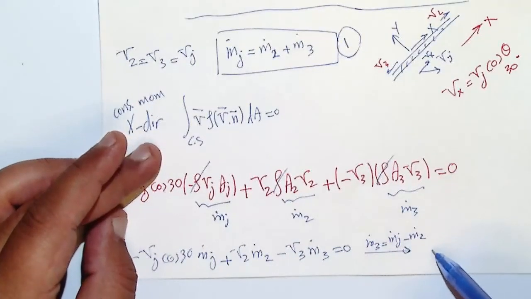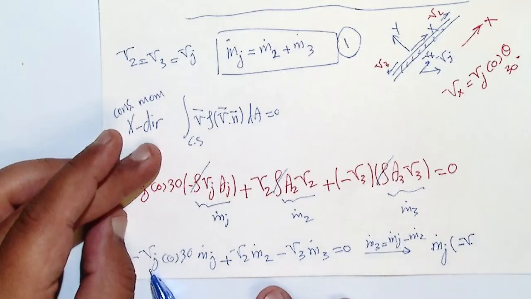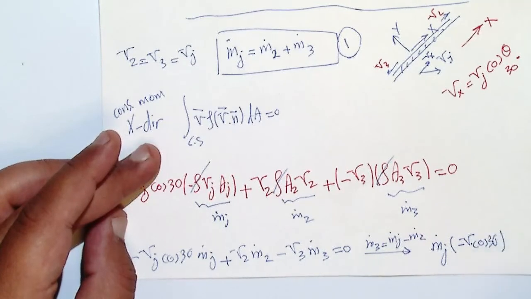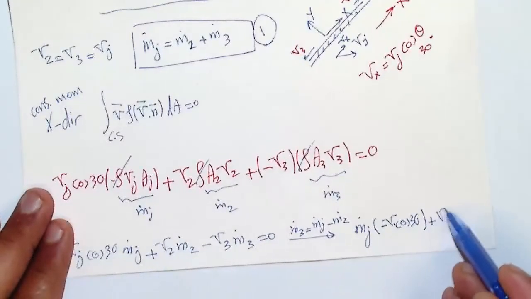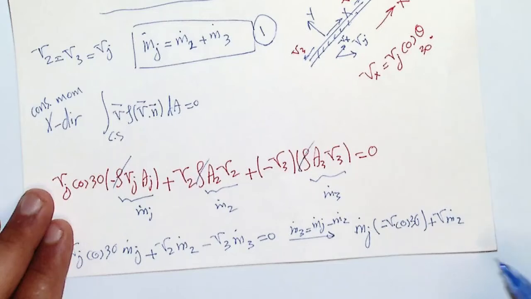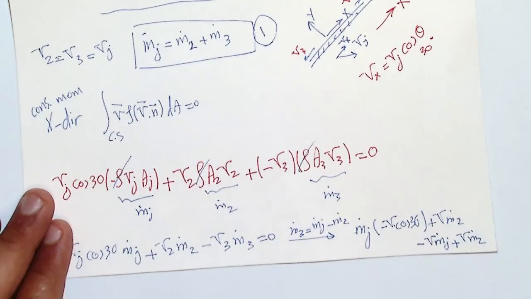this is going to be minus m dot j times minus V, and also let's assume that Vj and V2 and V3 are V. So V cosine of 30, right, V m dot 2, plus or minus V times m dot j times V, and plus V m dot 2, and all of these should be 0. Correct?